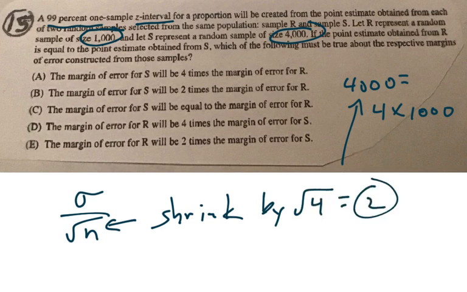So that's why I believe the correct answer is E. The margin of error for R will be twice the margin of error of S. S, with 4,000, will literally be half as large. So they're playing on words there, so be careful not to confuse it with B. R is going to be the larger one at 1,000 sample size, whereas S will have half the margin of error of R, right?